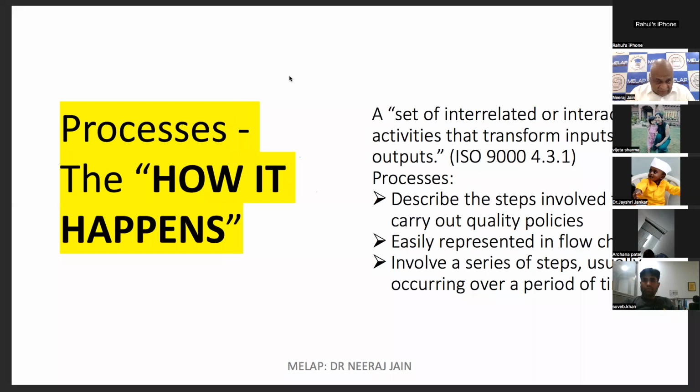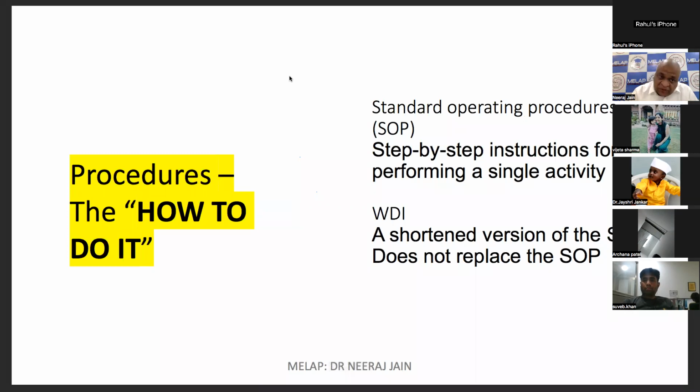What is to be done? First, you are deciding in broad terms, then what are the different components and what is the sequence of these components. That is your process. Now, how you will carry out each activity. Suppose you are saying pre-examination, examination, and post-examination. This is a process.